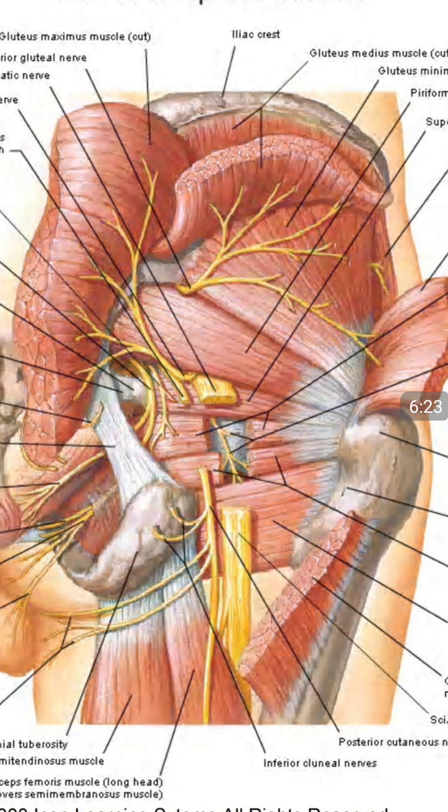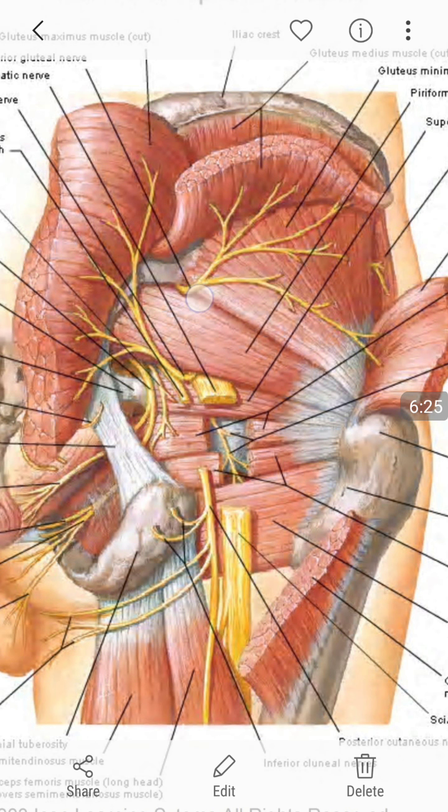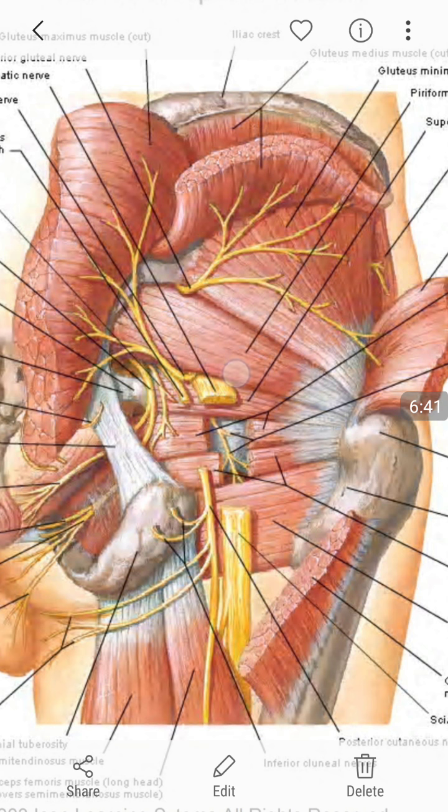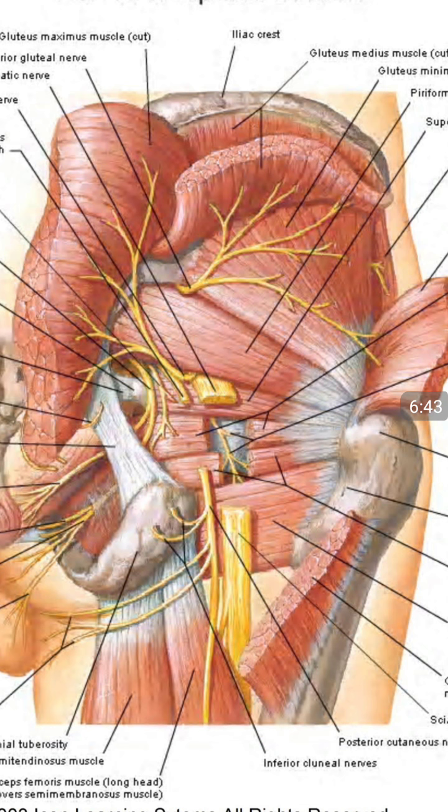Because there are many structures surrounding this pir sab. All the structures, arteries or nerves, enter the gluteal region either through the superior border of the piriformis muscle or through its inferior border. So this muscle is a very important landmark, the pir sab of this region.